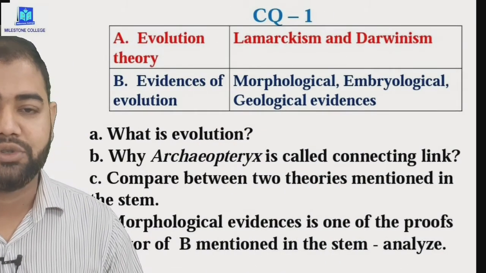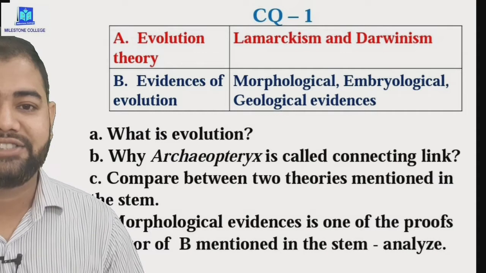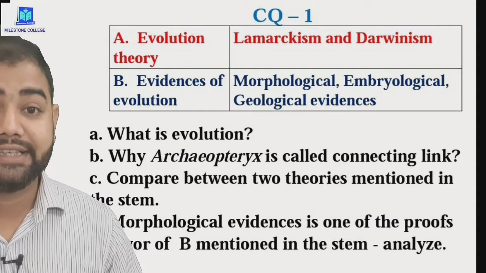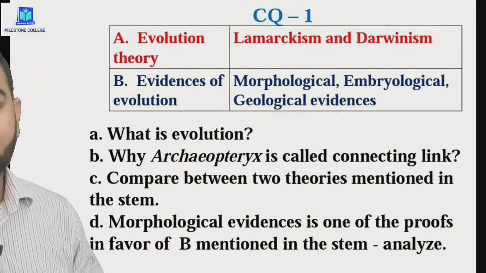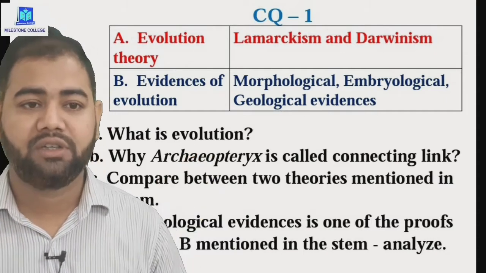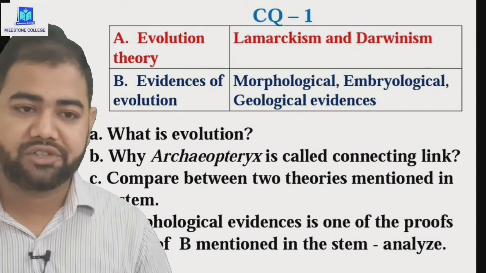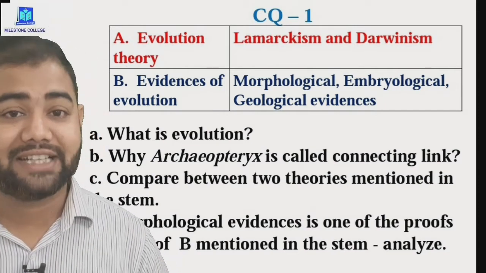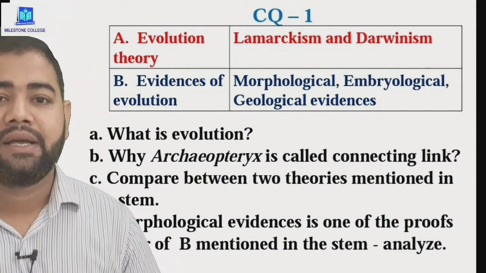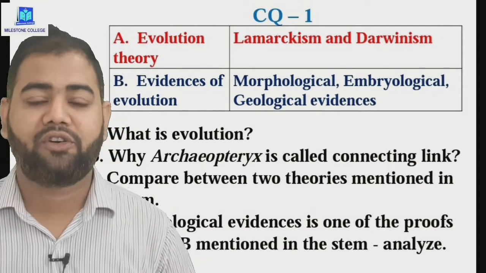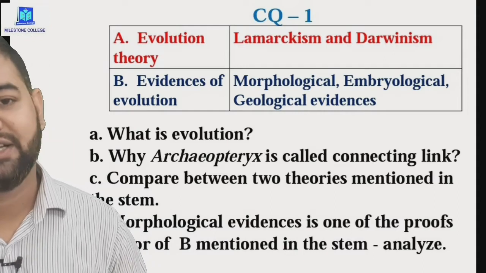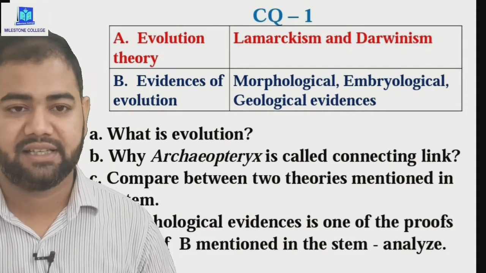First of all, we have to see the stem of CQ number 1. Here a table is shown on the board. A, evolution theory: Lamarckism and Darwinism. B, evidences of evolution: morphological, embryological, geological evidences.